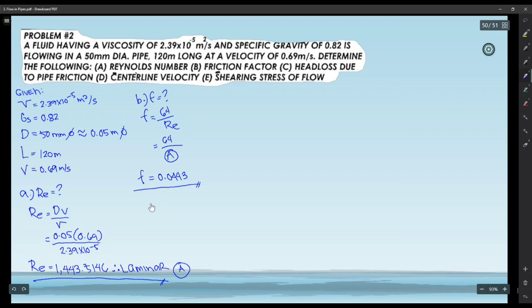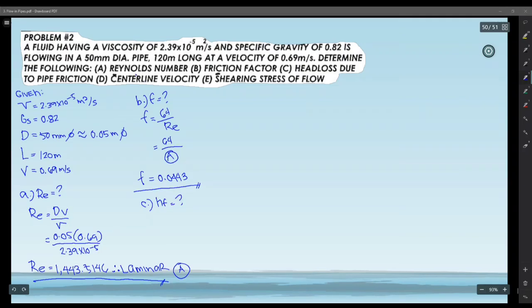Okay, so since we're done with friction factor, let's proceed now with letter C. Ang hinahanap naman dito is the head loss due to pipe friction. So, this is under the category of major head loss. So, ano nga ba yung equation natin for head loss?